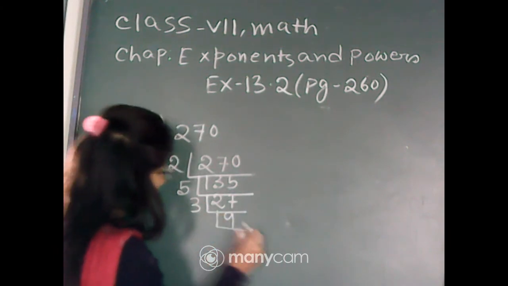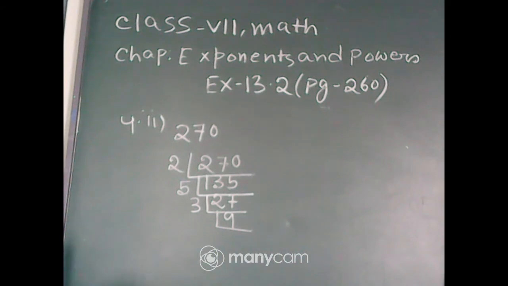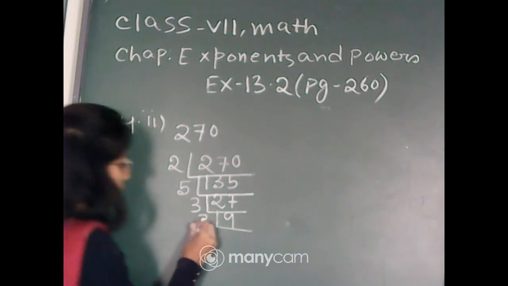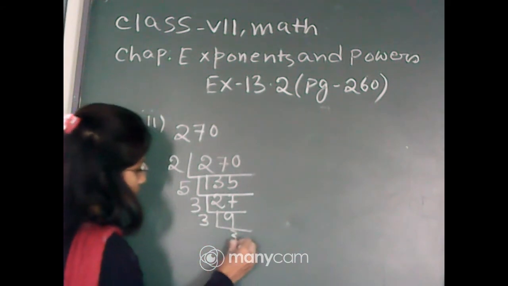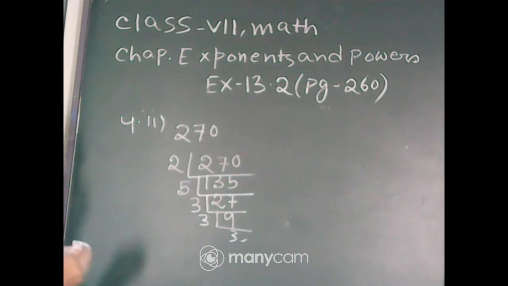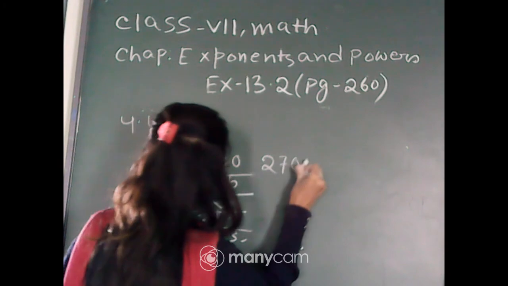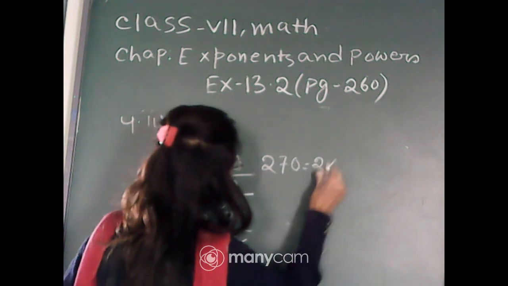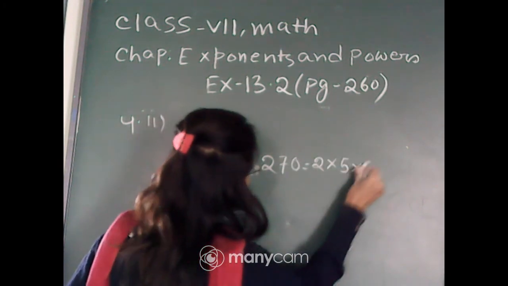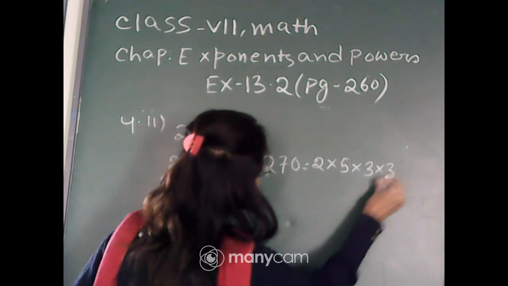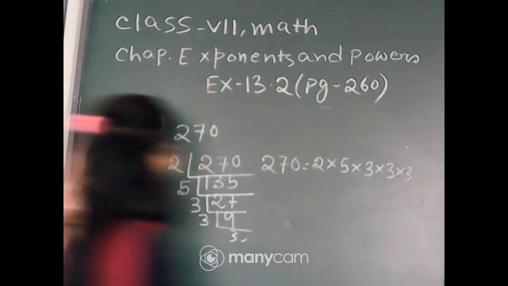Again, we divide the number 9 by the prime number 3 and we get 3, and this is a prime number. So, 270 is equal to 2 into 5 into 3 into 3 into 3, isn't it? Again I repeat.